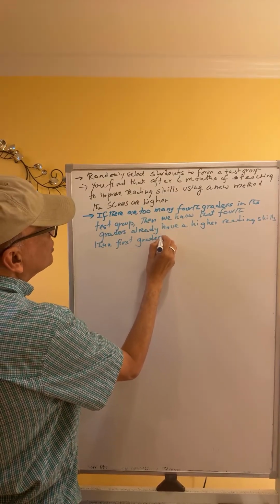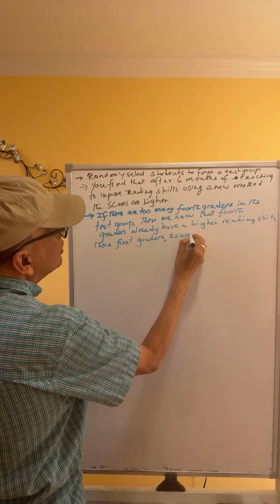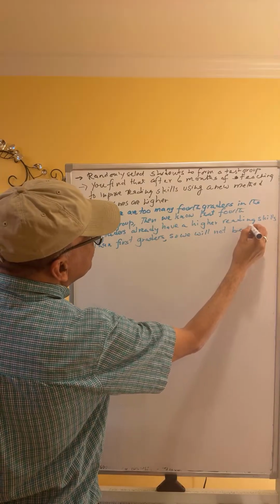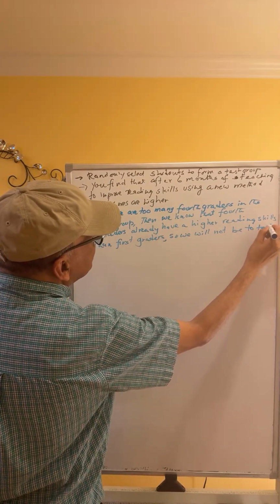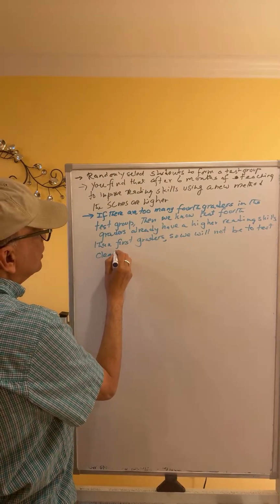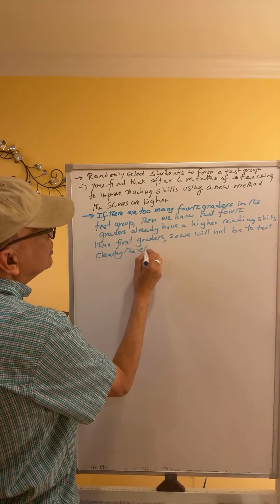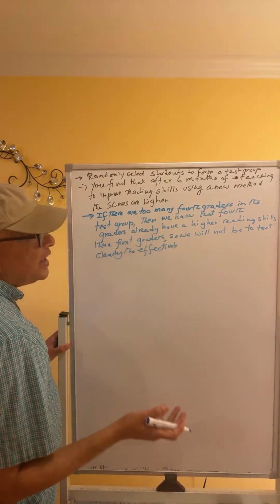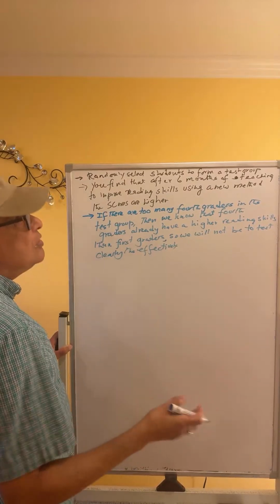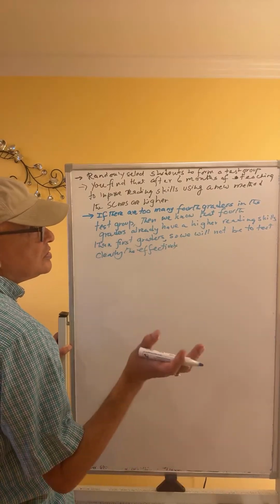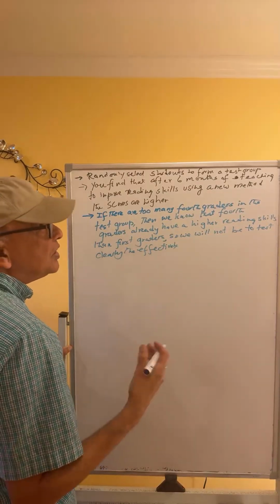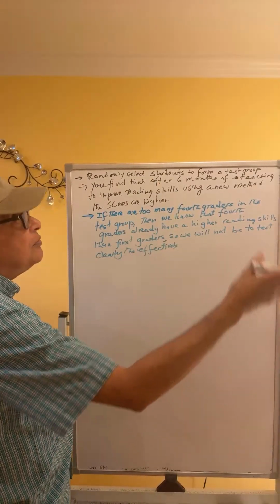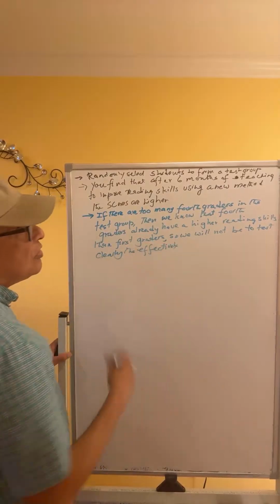So we will not be able to test clearly the effectiveness of the new method. This is because we have put too many fourth graders by random chance in our test group. Fourth graders already have higher reading skills, plus they're being taught with a new method, so the scores will be higher. So we do not know whether their scores are higher because they're fourth graders or because they're taught with a newer method.